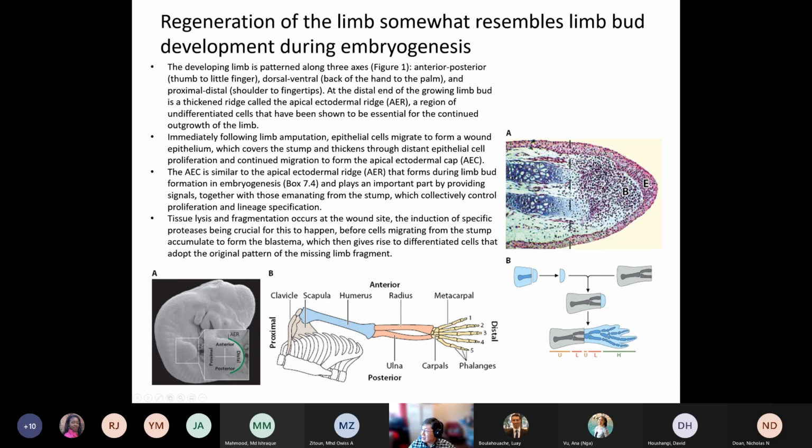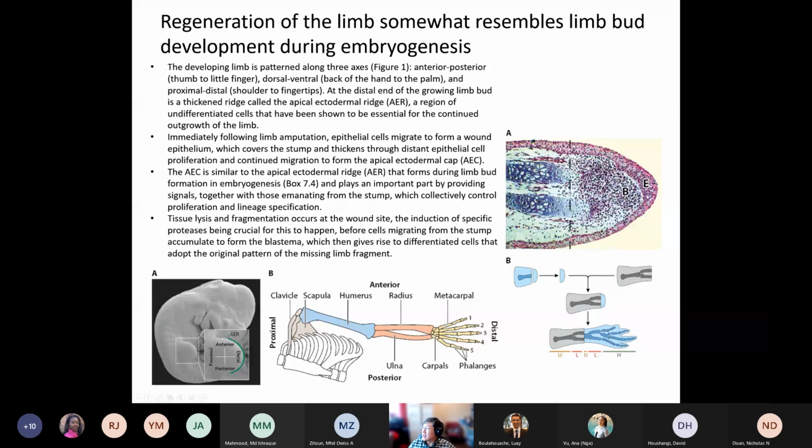In this blastema, the newly formed epithelium originally was not there. It's because of the growth of the remaining part that you have this epithelium there. And this is called the apical ectodermal cap, or AEC.